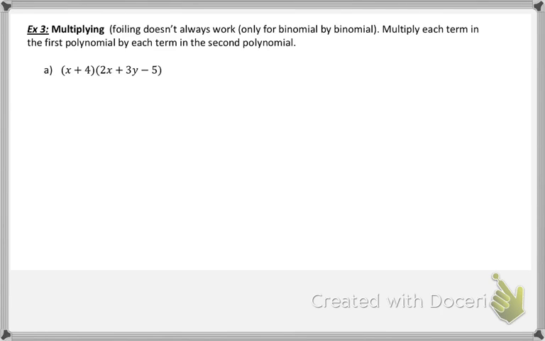So in here we have x plus 4 times 2x plus 3y minus 5. And normally what we would do is start with the x, and distribute it and multiply it to the 2x, right? Because I'm multiplying, I have to multiply the x to the 2x and the 3y. And because we have an extra term, there's 3 terms in this polynomial, we're just going to multiply the x one more time, that's all.